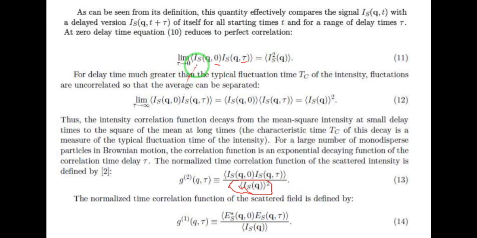The intensity of light at time 0, again intensity at time 0, because this tau is going to be 0, and it is the intensity square at time 0. So this value is called the mean square intensity.